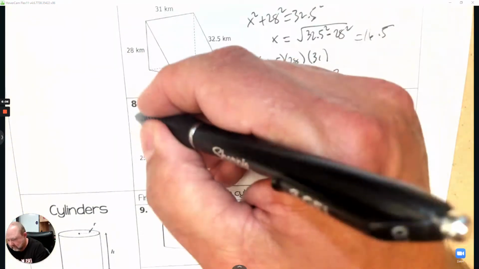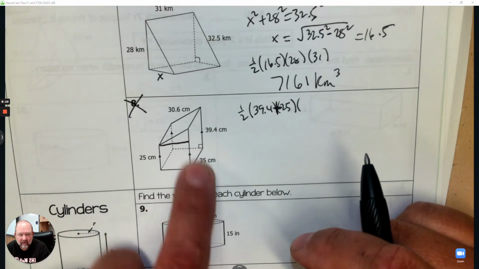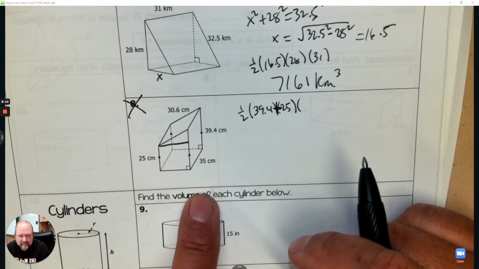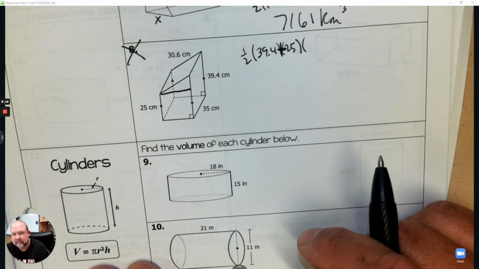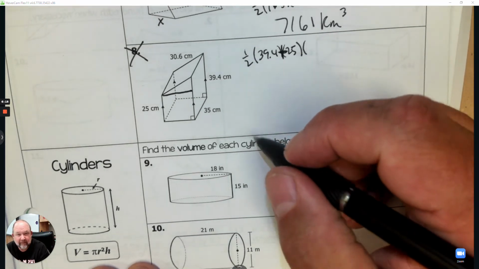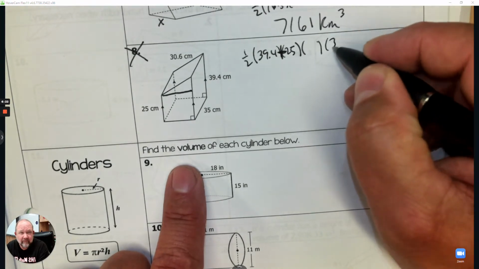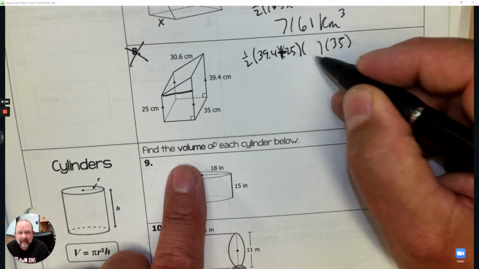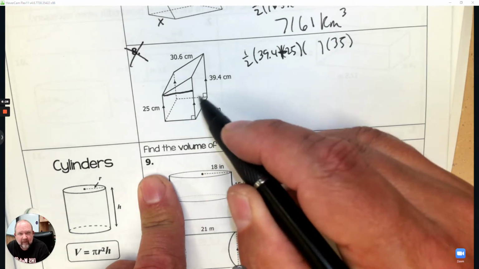So, all right, let's not do this one. I was just trying to think through how to find the height of that, and I'm looking through it. Must be something I'm not thinking. Because I know the distance between the trapezoids is 35. But the height of that trapezoid right there, maybe, I don't know.